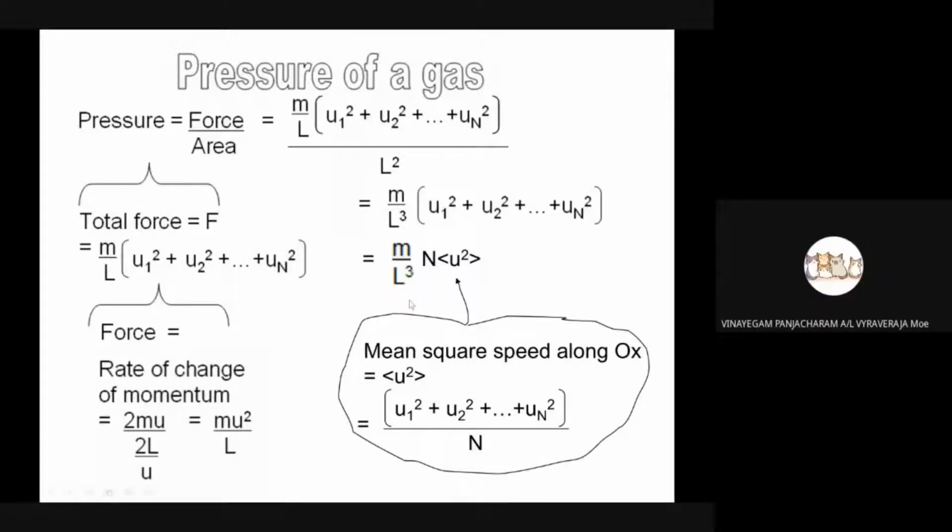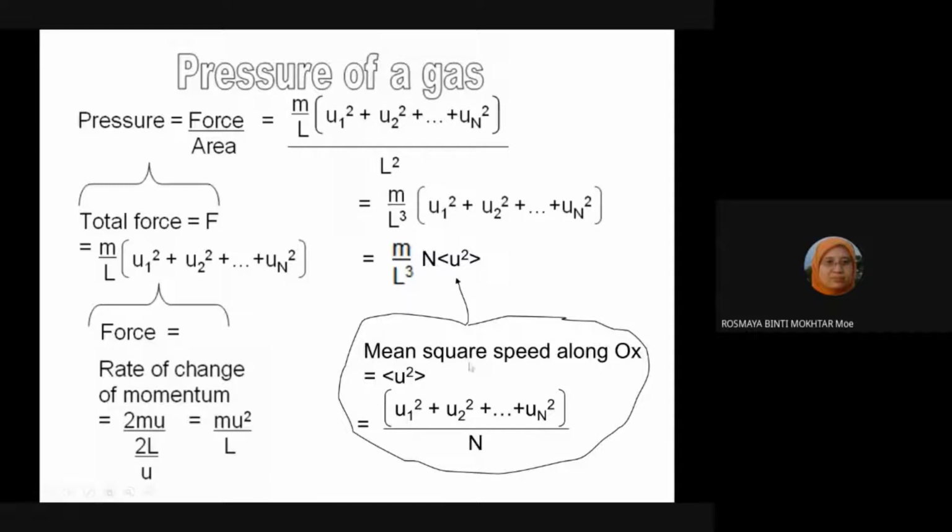No, Teacher, can you go back to mean square speed? Mean square speed, this is the definition. Square speed because u is squared here, the speed is squared, right? So that's why it is square speed. And then the mean here, so we use this symbol.